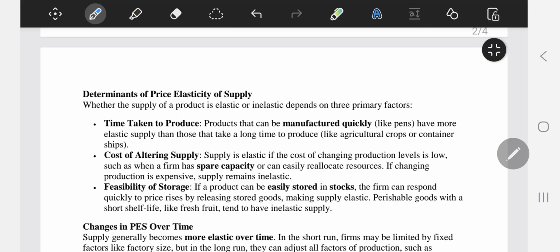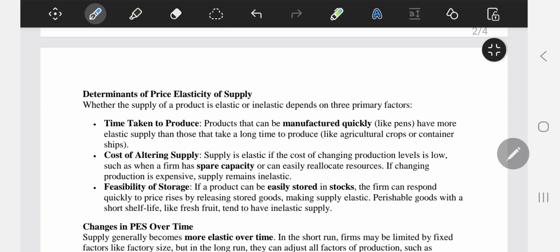Also, we have the cost of altering supply. So basically, if the producer has spare capacity, or can easily change the resources to produce something else, then supply is going to be price elastic. But if it's difficult and expensive, PES is going to be price inelastic.